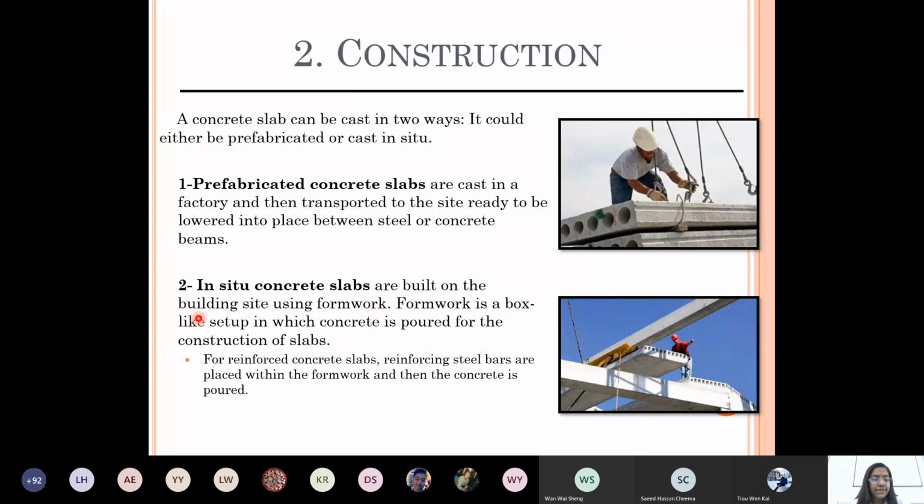Formwork is a box-like setup in which concrete is poured for the construction of slabs. For reinforced concrete slabs, reinforcing steel bars are placed within the formwork and then concrete is poured. Because it is in situ construction, you should place the reinforcement in proper layers, prepare the surfaces properly, clean the whole structure, and then pour the concrete, right?